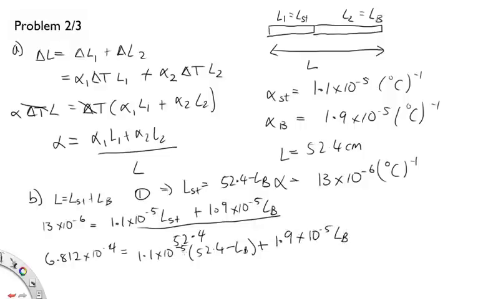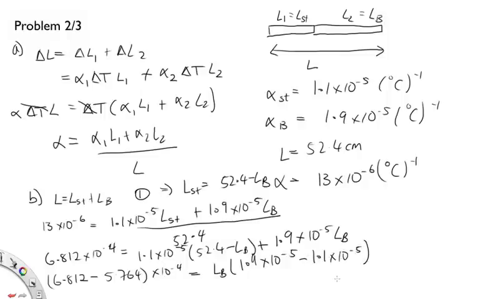Okay, so expanding these brackets and moving this term over to this side, we end up with 6.812 minus 5.764 times 10 to the minus 4 is equal to the length of brass times 1.9 times 10 to the minus 5 minus 1.1 times 10 to the minus 5.